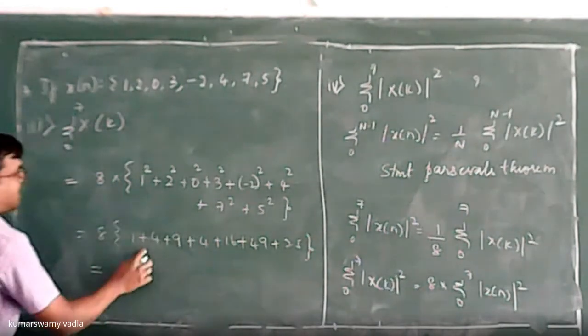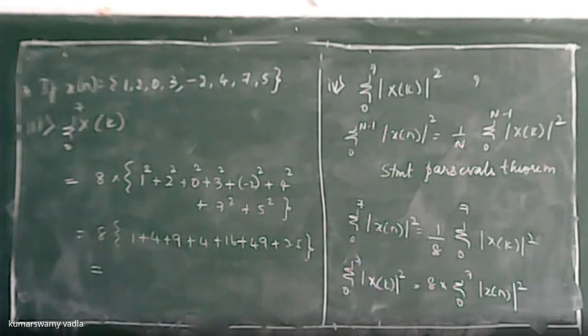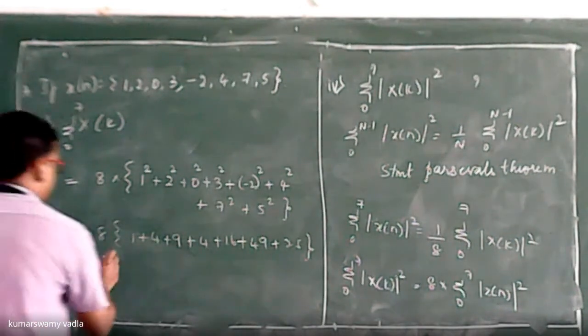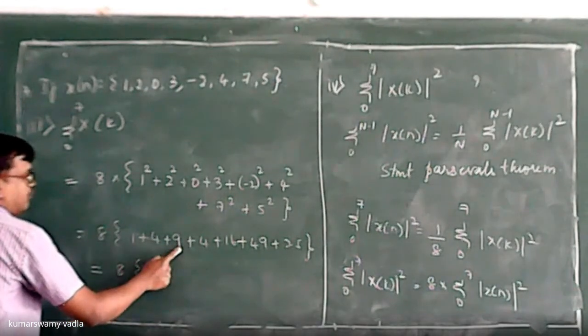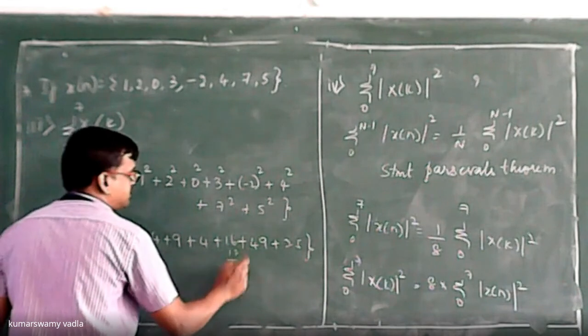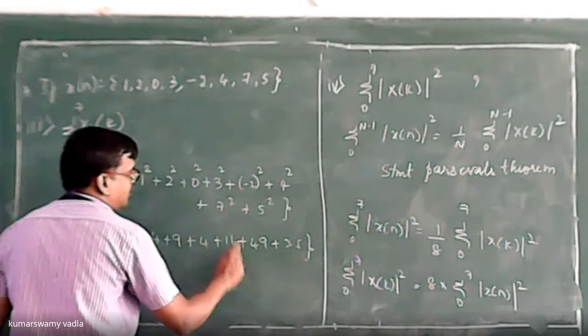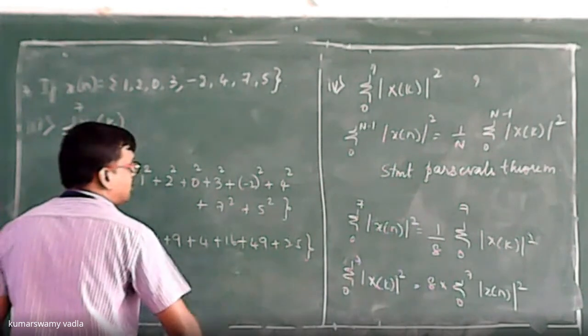Please tell me the answer. What do you get here? 5 plus 9, 14, plus 4, 18, then 34, 34 plus 49.